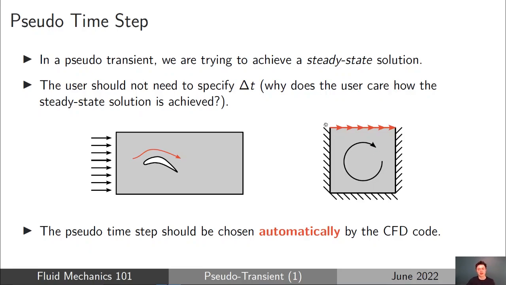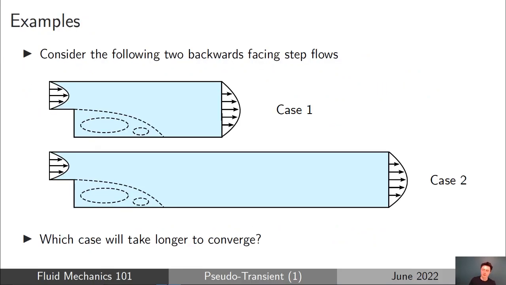We just know that eventually the lid should be moving and the flow should be stirring around at a constant rate. And so this pseudo time step size should be calculated automatically by the CFD code. We don't want to do what we do with relaxation and give the user control over 10 different values of alpha.